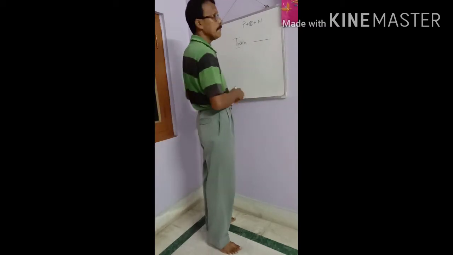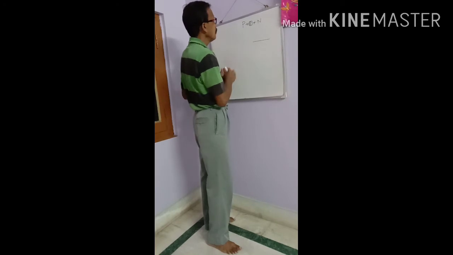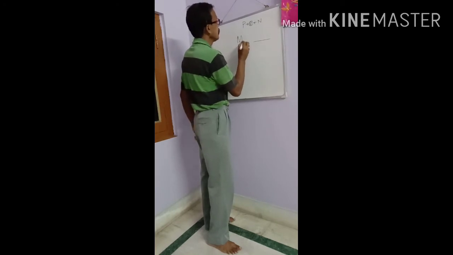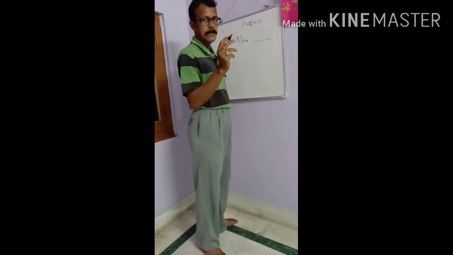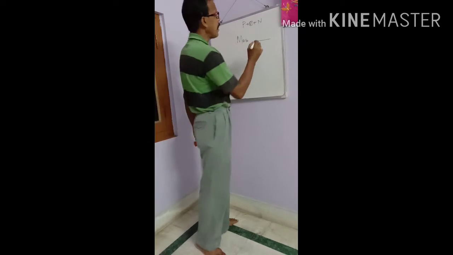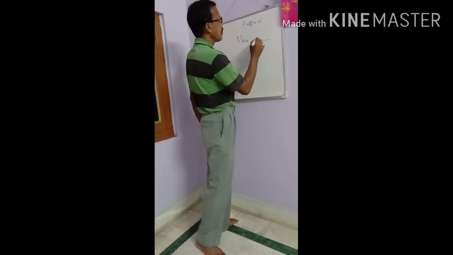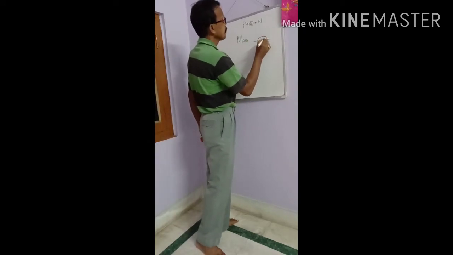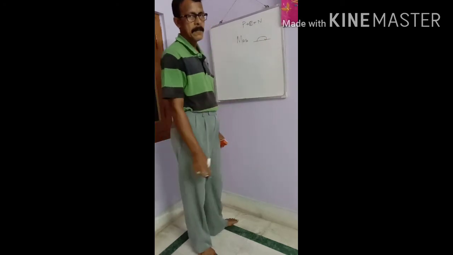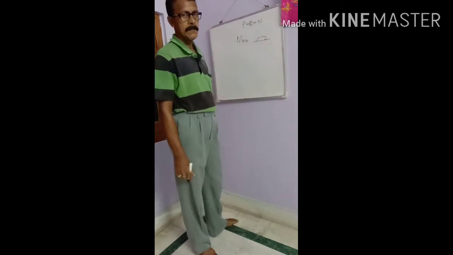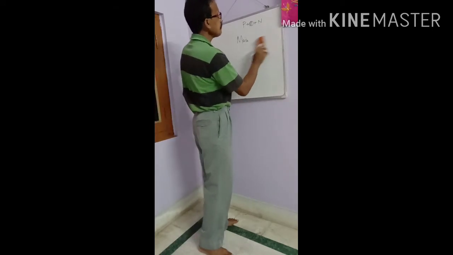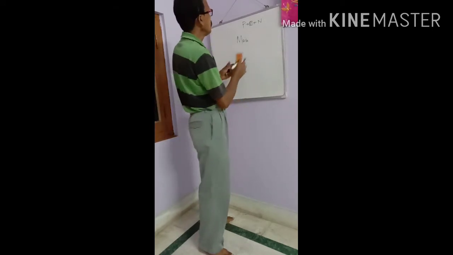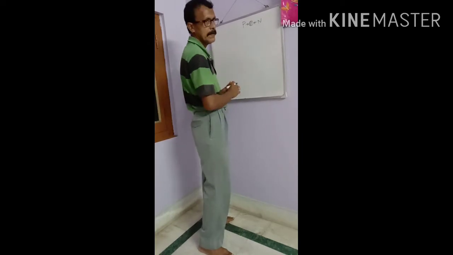Men, M-A-I-N, men. How do you write? Men. M stroke, and with the M stroke we will write the hook, final hook. Men, M-A-N. Okay. We will write another word, fan.